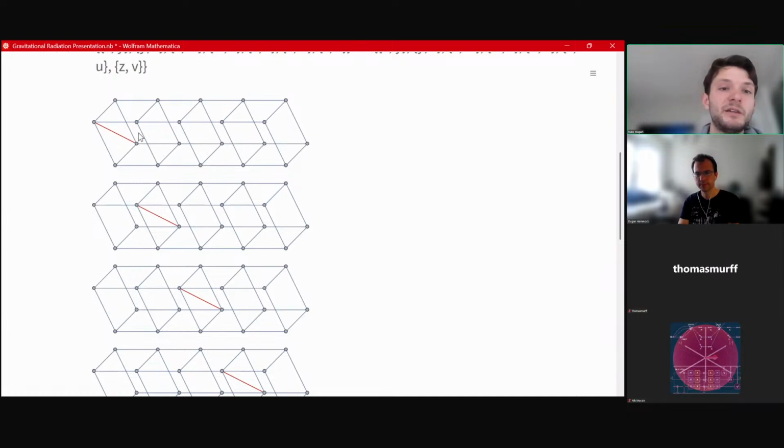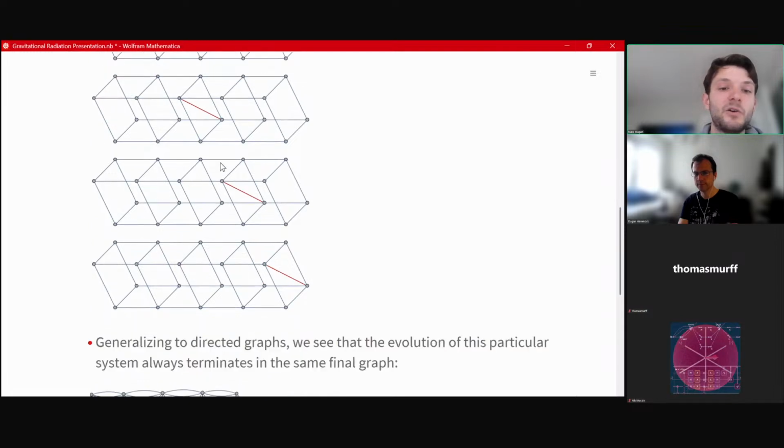These edges between the nodes here are oriented towards the right, which is how the edge travels to the right and not back to the left. So it does depend on the direction of the edges.